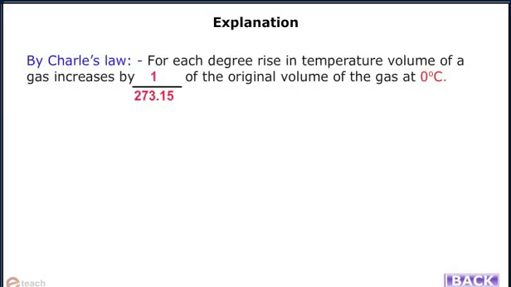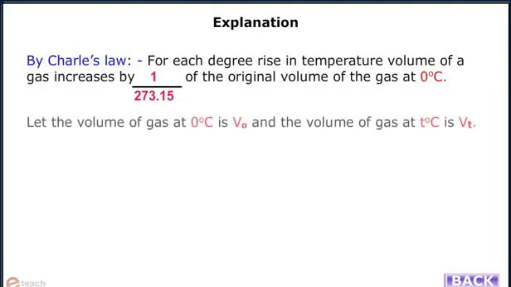Let us see the explanation of Charles' law. By Charles' law, for each degree rise in temperature, the volume of a gas increases by 1 by 273.15 of the original volume of the gas at 0 degrees Celsius.